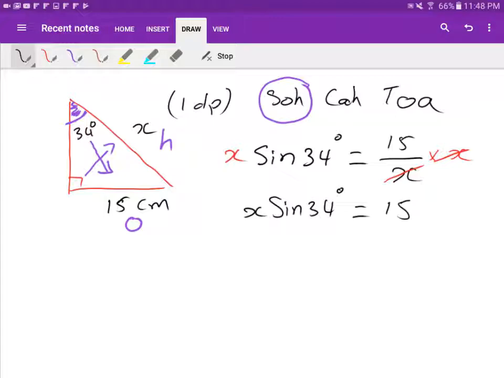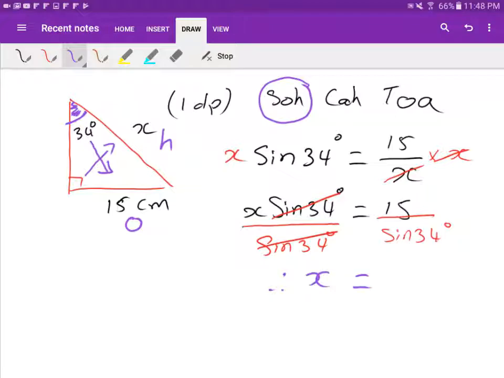Then, because I'm looking for x, I get rid of the sine 34 by doing the opposite. So I divide both sides by sine of 34 degrees.